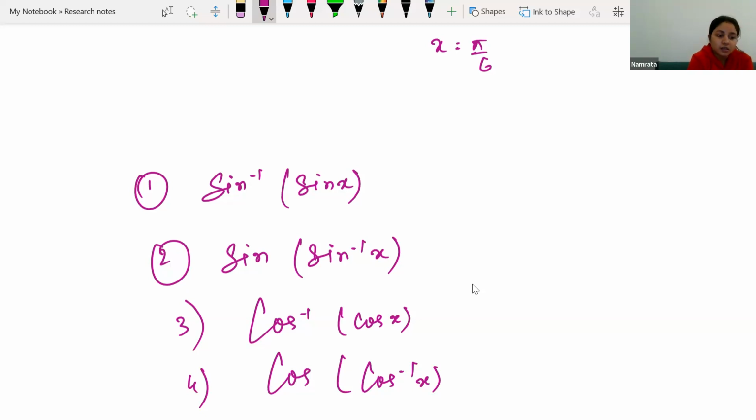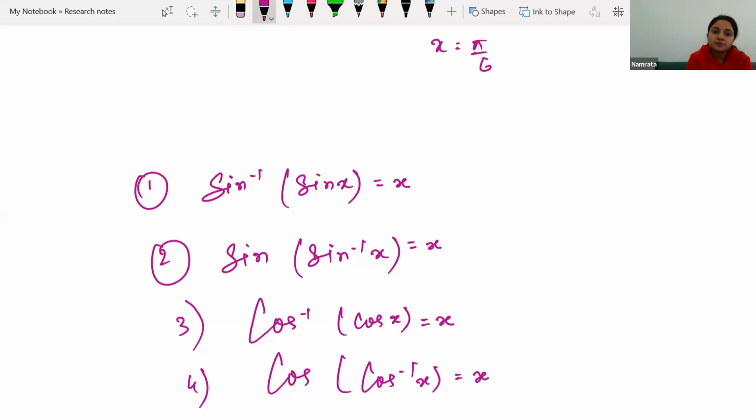Let's understand with the help of these examples. As you know, here the result will be x, here also the result will be x. Please don't think that these two are cancelling out each other. No, it doesn't cancel. According to the concept, we will get x. Here also we will get x, here also we will get x.